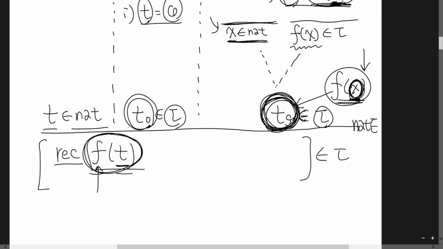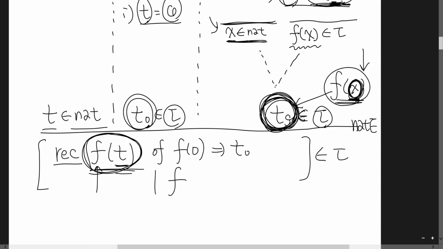The syntax is if this recursive call f of t is f of 0, then we take term t0, and if it is f of successor of x, then we take a term ts. So it's similar to pattern matching.